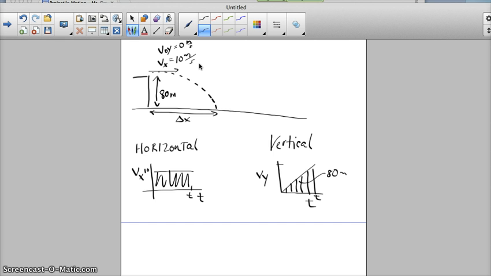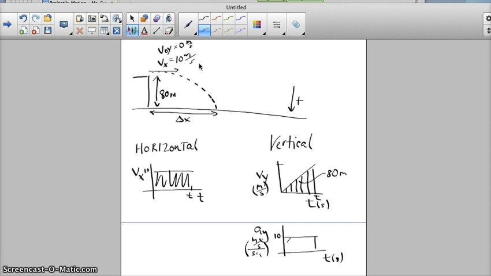I don't know the final velocity, but I know this area is 80 meters. But I do know if I draw an acceleration time graph, that can give me my change in velocity. So why don't I go ahead and draw that? And this is saying that down is positive in direction because my acceleration is positive. So if I say my acceleration is 10 meters per second squared, my velocity is in meters per second, my time's in seconds.